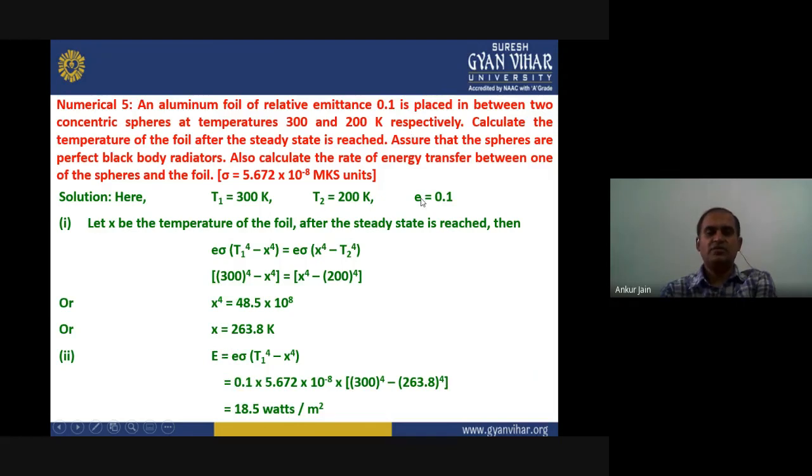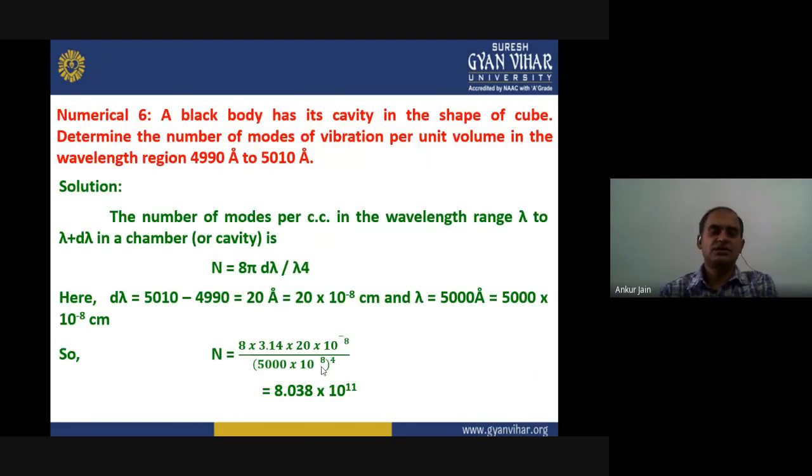We know here E is given as 0.1, sigma is 5.672 × 10^-8, T1 is 300 and X is already calculated as 263.8. When we solve this expression by simple mathematics, we get the answer as 18.5 watts per meter square. So that is the question.